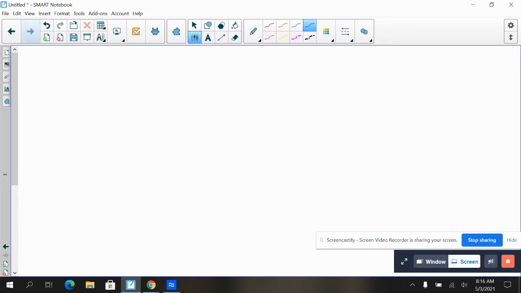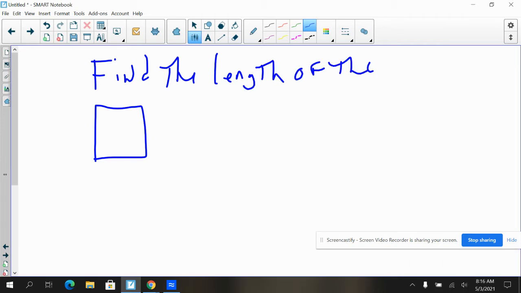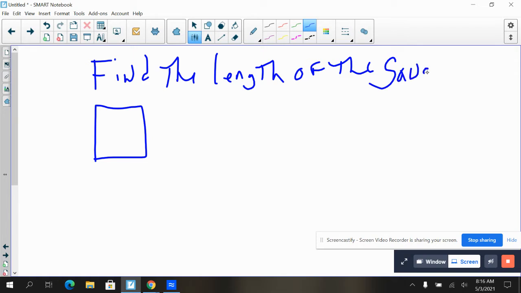All right. So if we have this, we'll just do a couple of these. Find the length of the square.